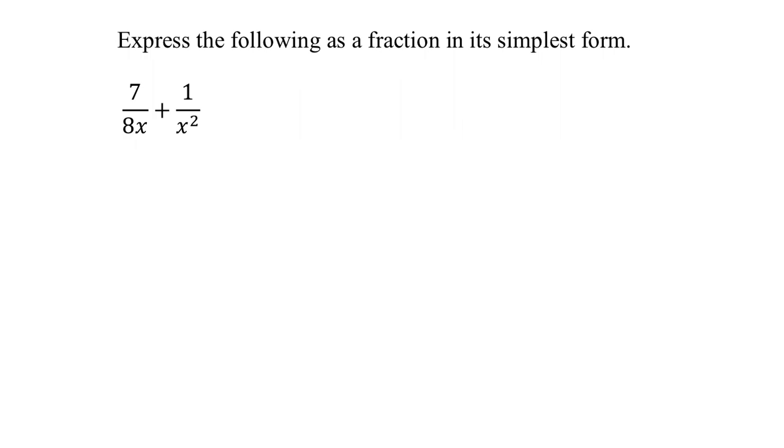So you could see me zooming in into the denominator, and when we add fractions, we must make sure that the denominator is the same, and therefore I just need to make sure that I multiply by x, and here I multiply by 8, so that the common denominator will be the lowest common multiple between the two denominators, 8x square.